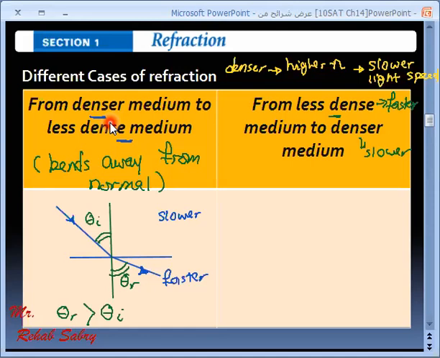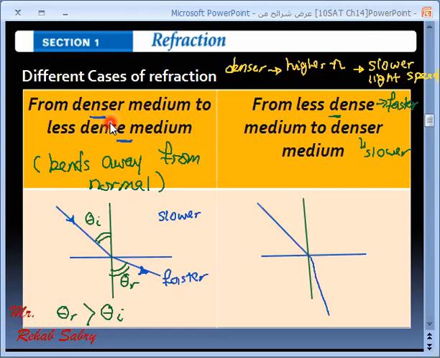This is the boundary, and this is the incident ray. This is the normal, and the light will bend towards the normal, like this.